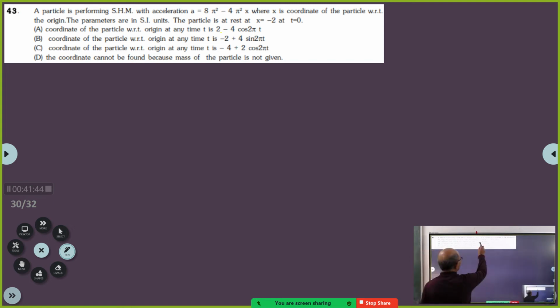So they are given expressions here, correct? But they are not expressions, they are equations. That means it is equal to x, equal to x, equal to x, equal to x, correct?